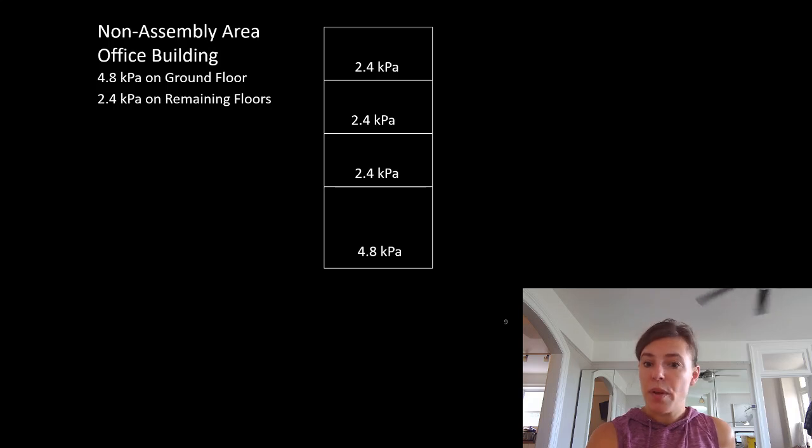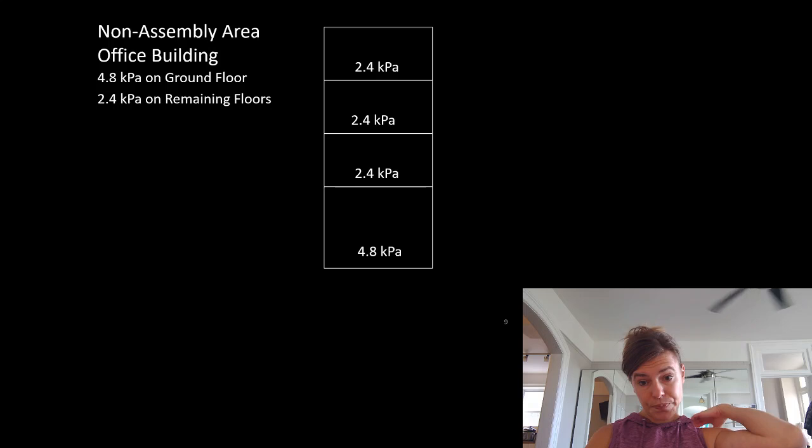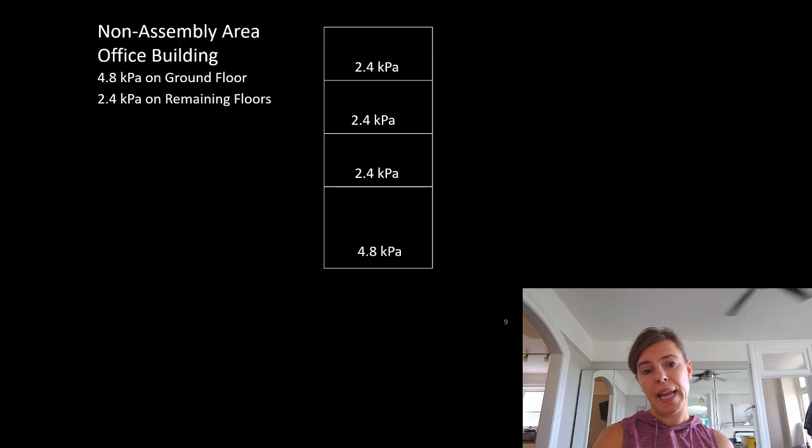Even at Daniel's, in the main areas, we have large gatherings, even though it's a school building. So it's very easy in those big showy spaces to have assembly areas created. So the ground floor would be 4.8 kPa, and the upper floors would be 2.4 kPa.